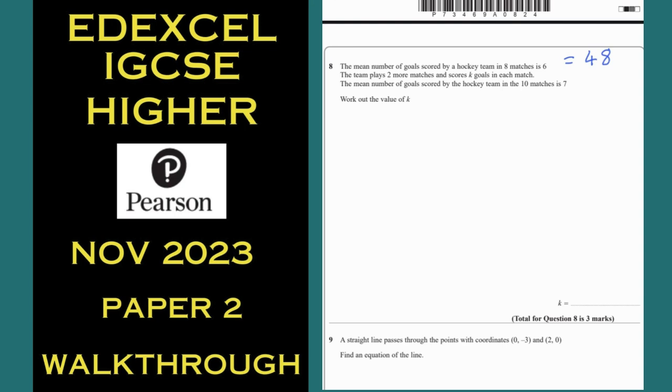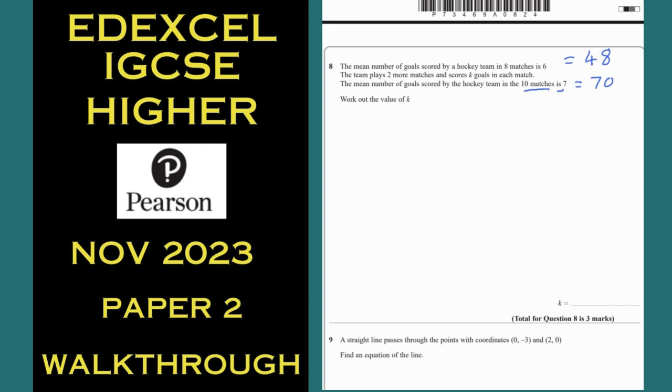All right, so we've gone from 8 matches now to 10 matches, etc., and scores K goals in each match. All right, so the mean number of goals in the 10 matches is 7. So there's the new total.